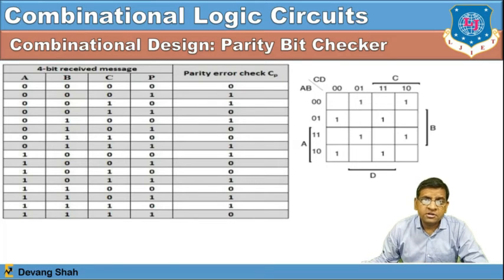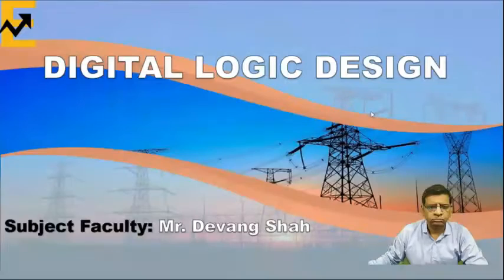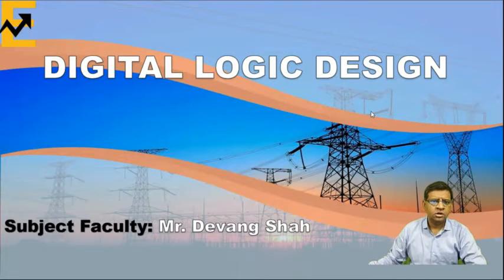Now see, interestingly in this parity error check CP, no group of 16 is possible, no group of 8 ones possible, no group of 4 ones possible, no group of even 2 ones possible, but the single group of 1 is possible.